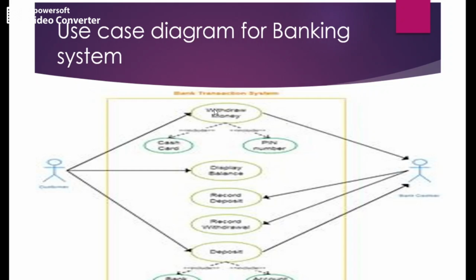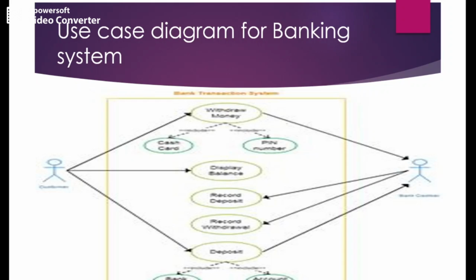So you can withdraw the money, no? For withdrawing the money, you have to put the card. Can you see here? You have to put the card. After putting the card, it will verify the card, and you have to put the PIN number. That is very, very important. 4-digit PIN number you need to put. Is it clear? Okay. Now you can also display the balance, deposit.